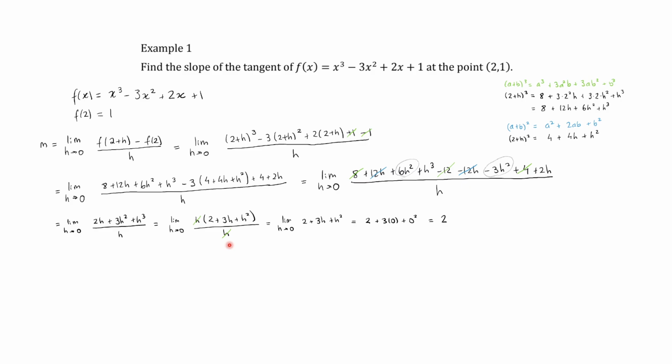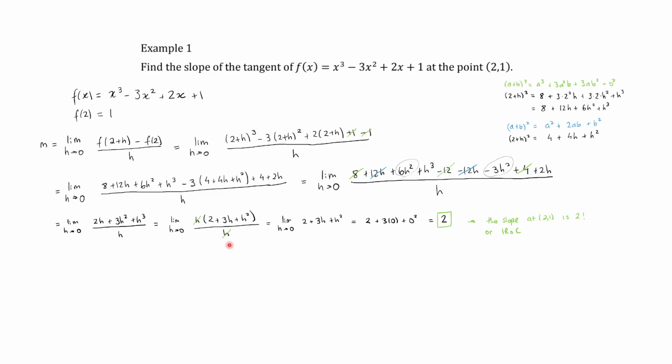It tells us that the slope at the point 2, 1 is 2. Or the instantaneous rate of change at 2, 1 is 2. The slope or instantaneous rate of change. Okay.